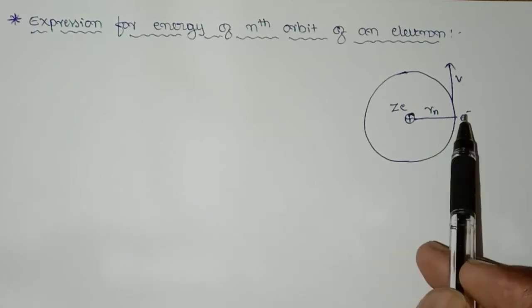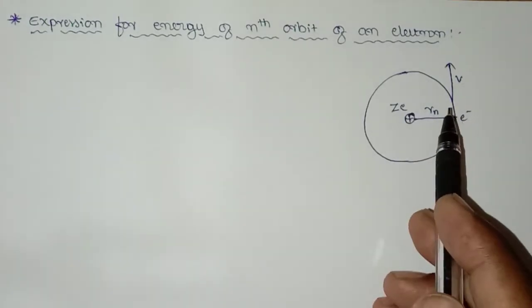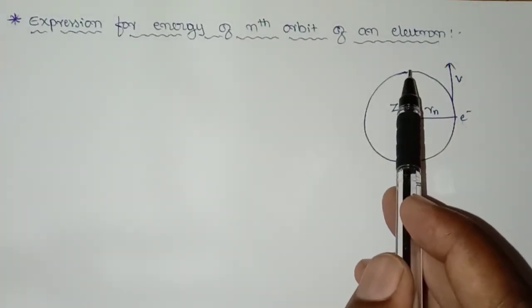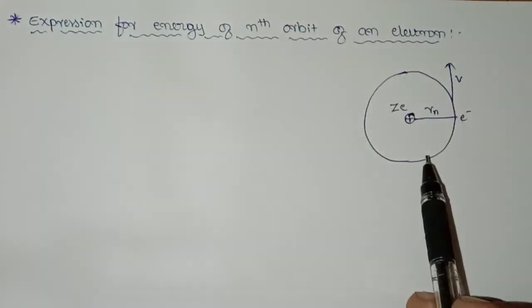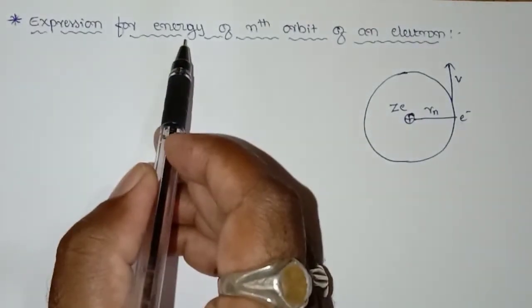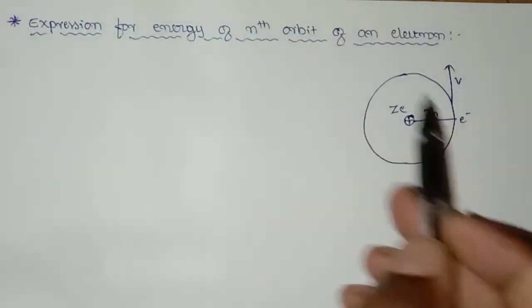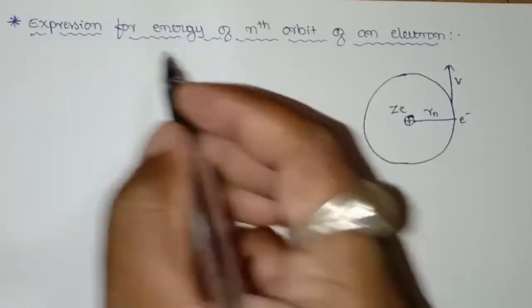So the electron possesses two types of energies, that is potential energy, which is because of its height, and kinetic energy because of its motion around the nucleus. So if you want to calculate the energy possessed by an electron which is present in the nth orbit, we are supposed to take the total energy, okay?